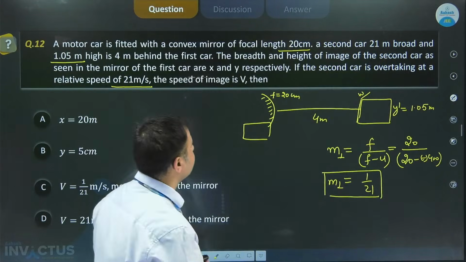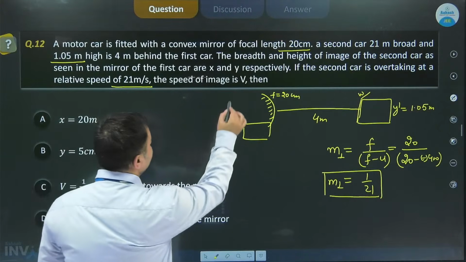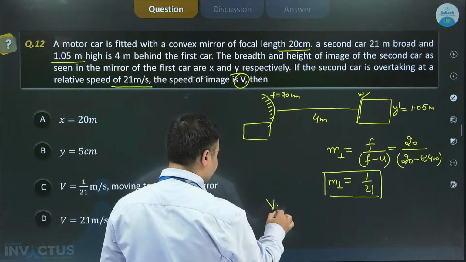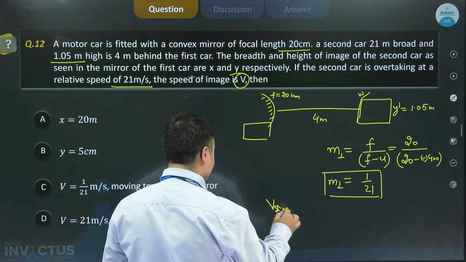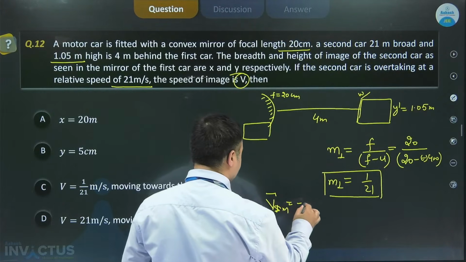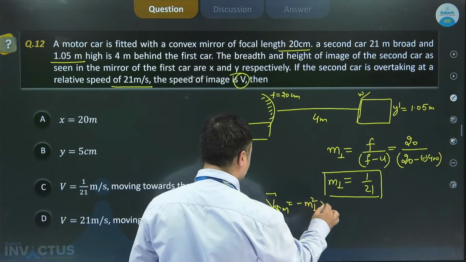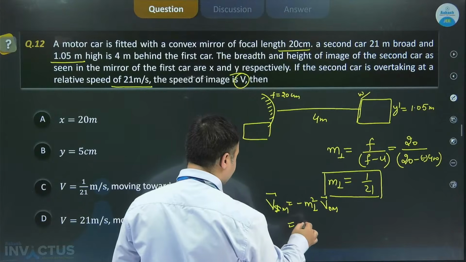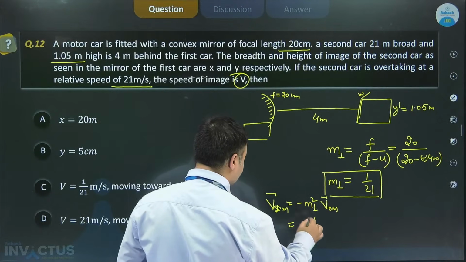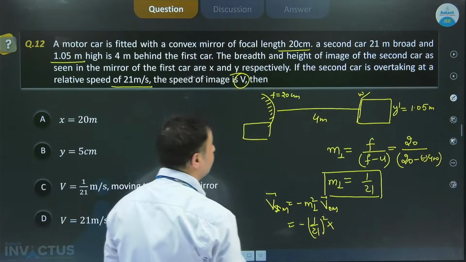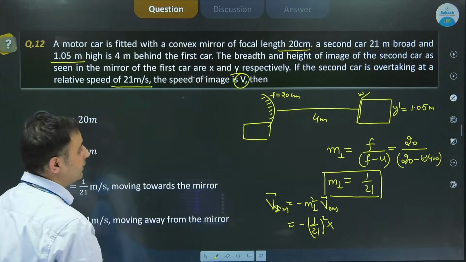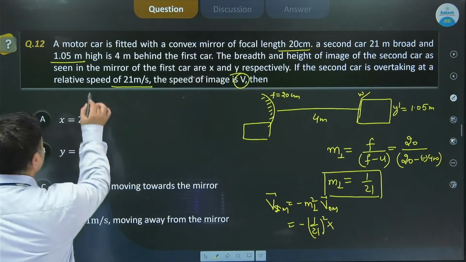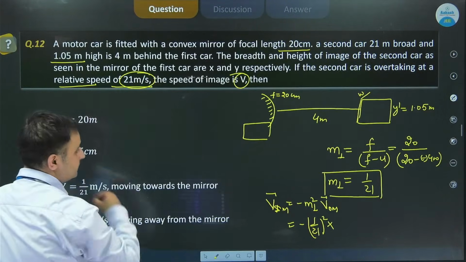Now, the question is asking for the speed of the image. So velocity of image with respect to mirror is equal to minus m perpendicular square times velocity of object with respect to mirror. We calculated m perpendicular as 1 by 21, so 1 by 21 squared multiplied by the velocity of object with respect to mirror, which is the given relative speed 21.